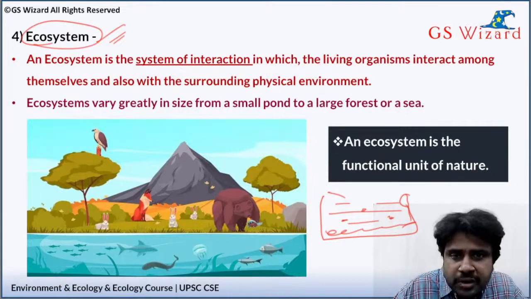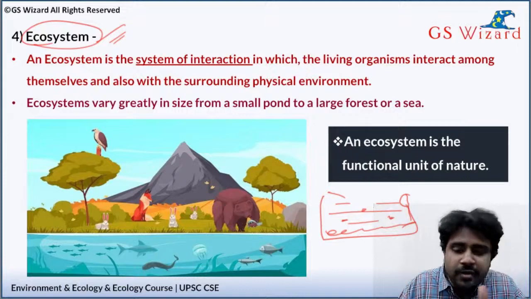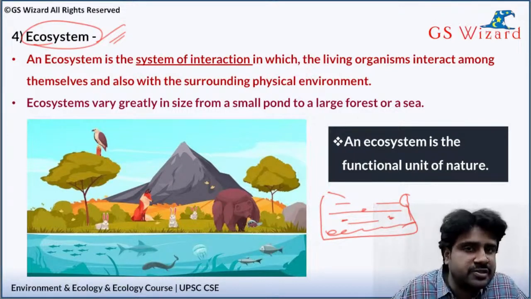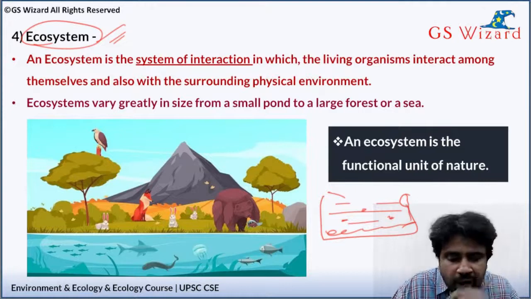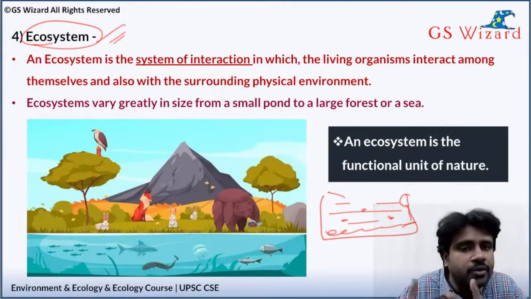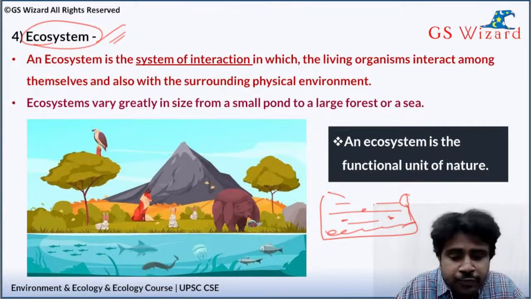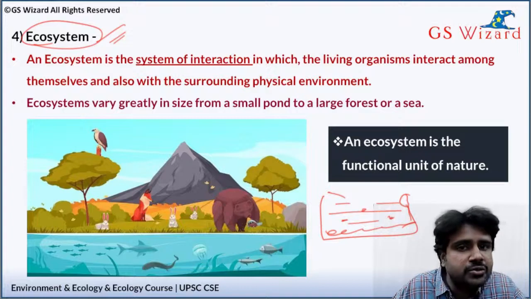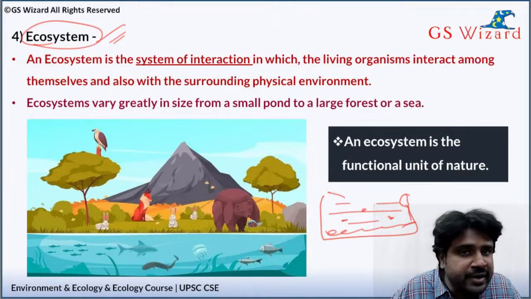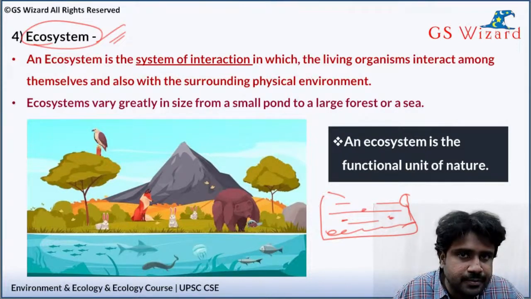If I'm also looking at the system of interaction present there, that is, how an organism depends on non-living things and at the same time on living things in order to survive, then that system of interaction, or system of interdependency, or that network, is nothing but an ecosystem.